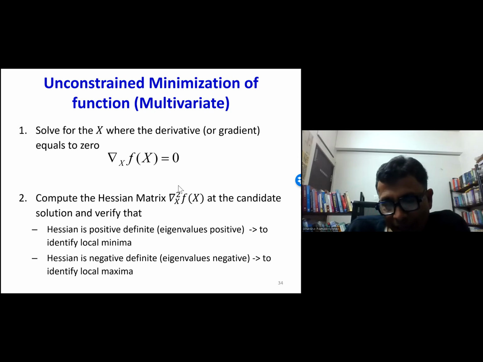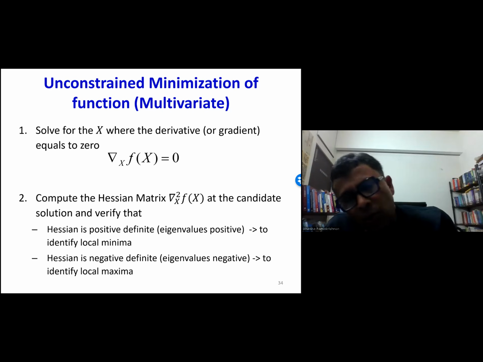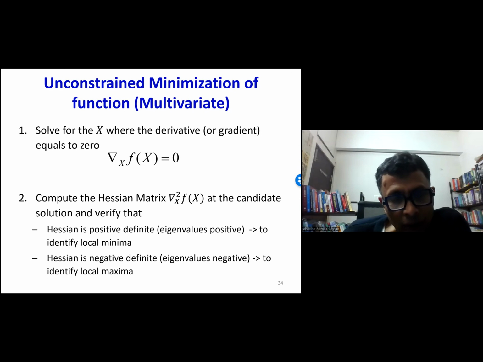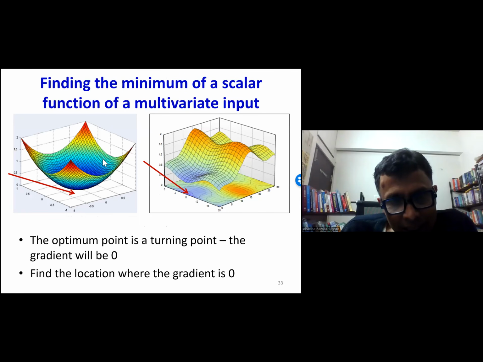And now what is this Hessian? The Hessian is actually telling you the second derivative along different directions. So if you look at the eigenvalues, if I have a function of this kind, then along some directions, look at this guy, right? If I go in this direction, the function increases and then decreases. But if I go this way, the function decreases and then increases, right?